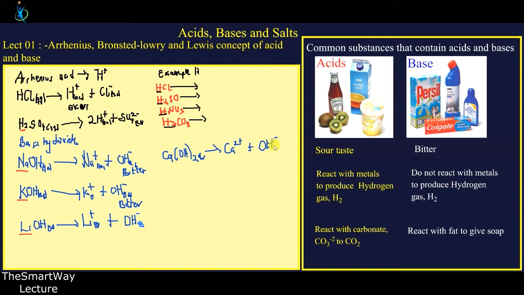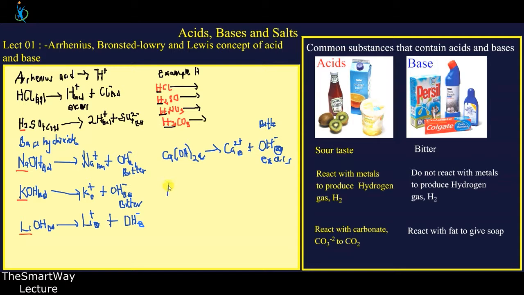Because already I said that there is already OH in the water. The water also has its own ions. Every water that we fetch has its own ions, but for base they give off excess of the OH ions in the water, making the whole thing bitter.